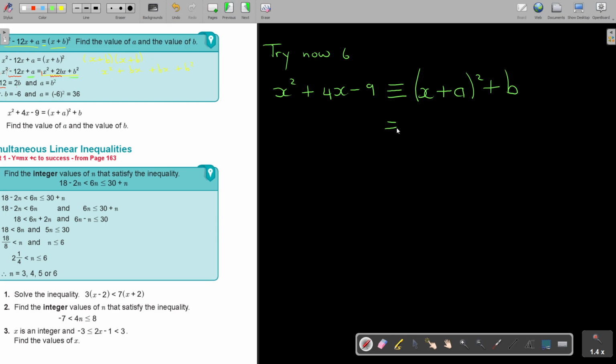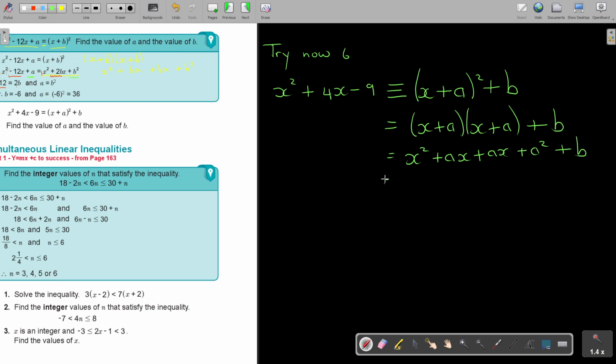So if I say x plus a, and I write that 2 times, (x plus a) plus that b, that is going to be x squared plus ax plus ax plus a squared plus that b. And now I just get my terms in order. So x squared, that's going to be plus 2ax.